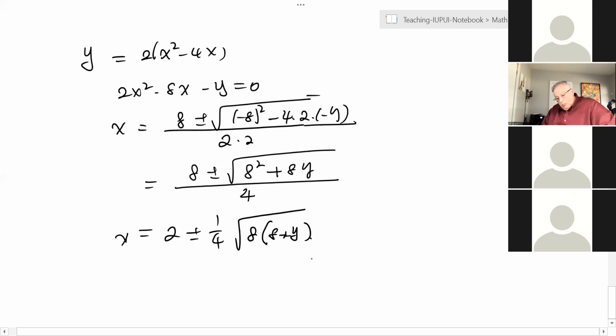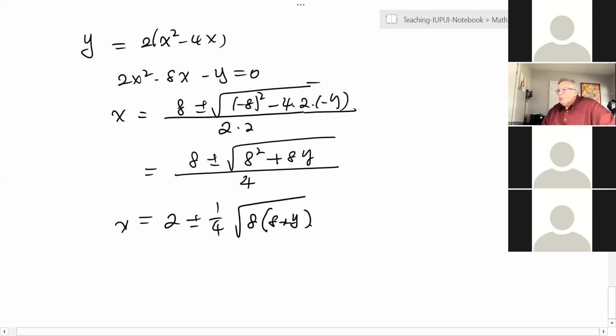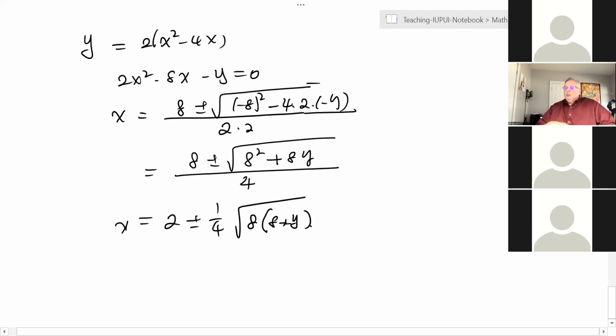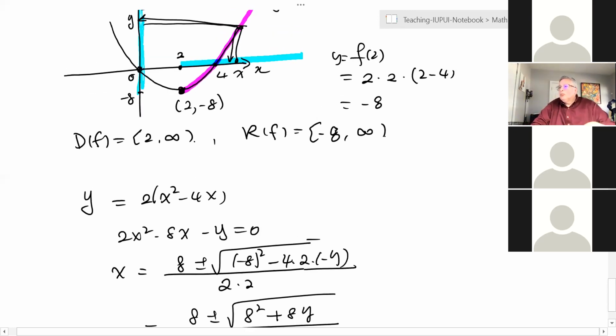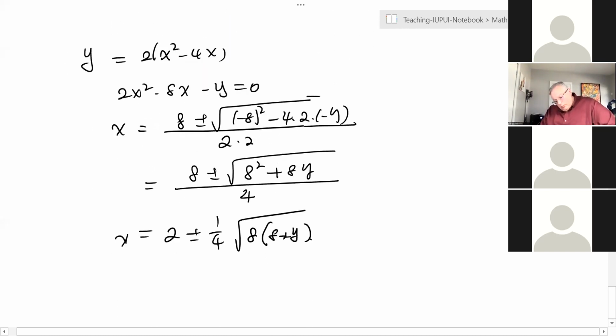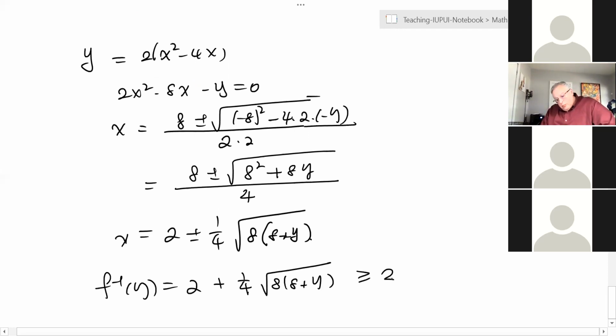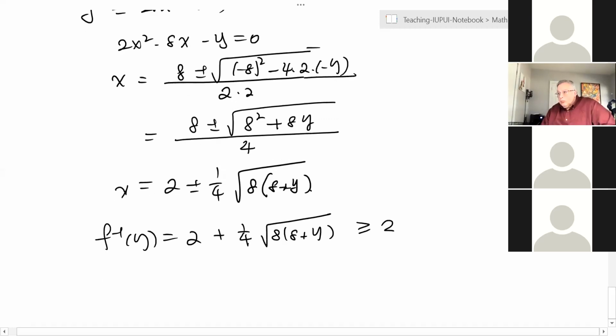Okay. Now, what is the inverse part? The formula for the inverse function. Because our x is greater than or equal to 2, the inverse part is going to be plus. Then you can always say that x is greater than 2, right? Okay, that's the x.